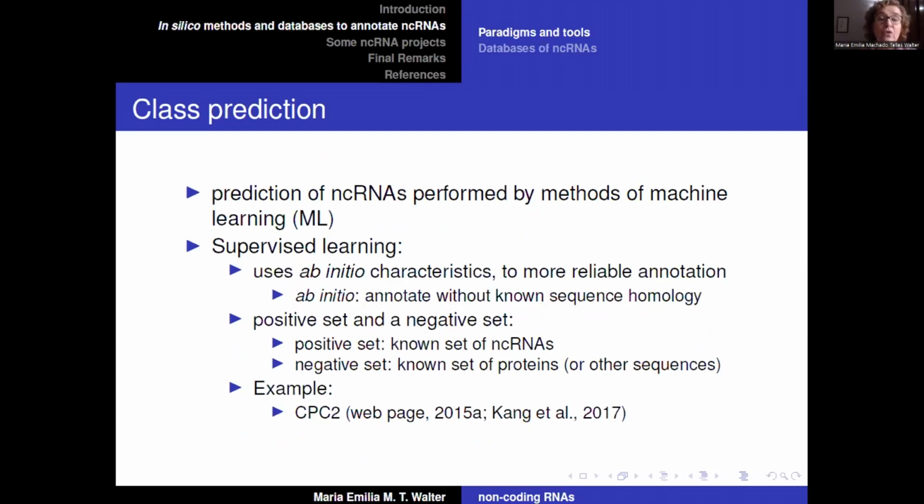Usually you construct two sets, a positive set of non-coding RNAs, and a negative set that can be formed with proteins, for example, or other sequences, depending on the class of non-coding RNAs you are investigating. An example that uses this paradigm is CPC2, which investigates the coding potential.